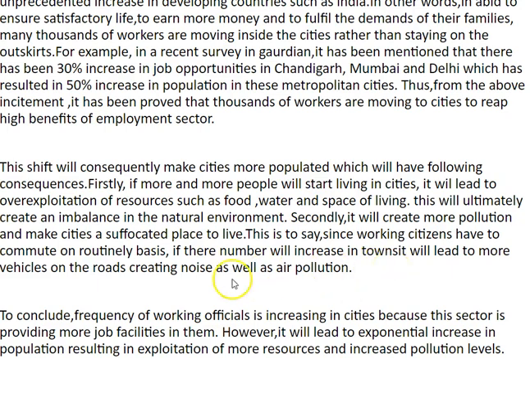Okay, so to conclude, the frequency of working officials is increasing in cities. Okay, so the number of workers is increasing in cities because this sector is providing more job facilities in them. However, it will lead to an exponential increase in population, resulting in exploitation of more resources and increased pollution levels.